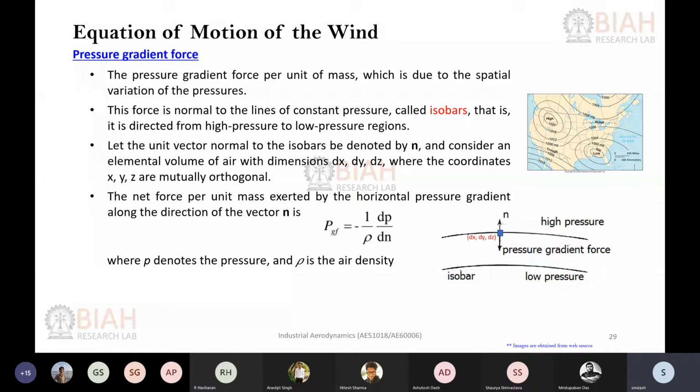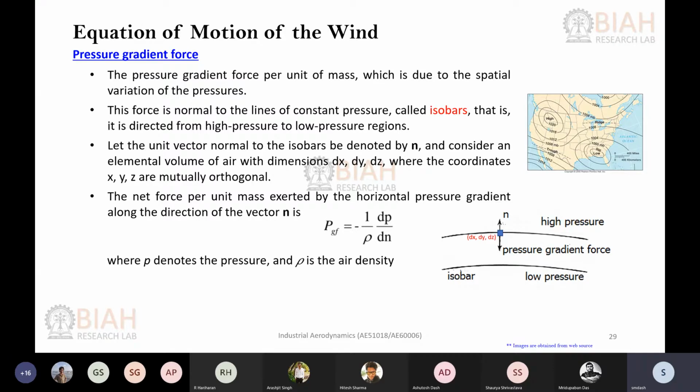So because of this pressure gradient force, the wind starts to flow. And you can see that the other forces like the centrifugal force and the Coriolis force come into the picture when there is some form of motion. Even the friction force comes into the picture when there is some form of motion or the wind is already blowing.